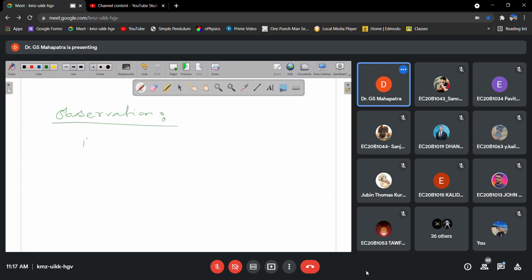First one, say this. What is d by dt? Differentiation with respect to t, sir. Yes, correct. So d is an operator.